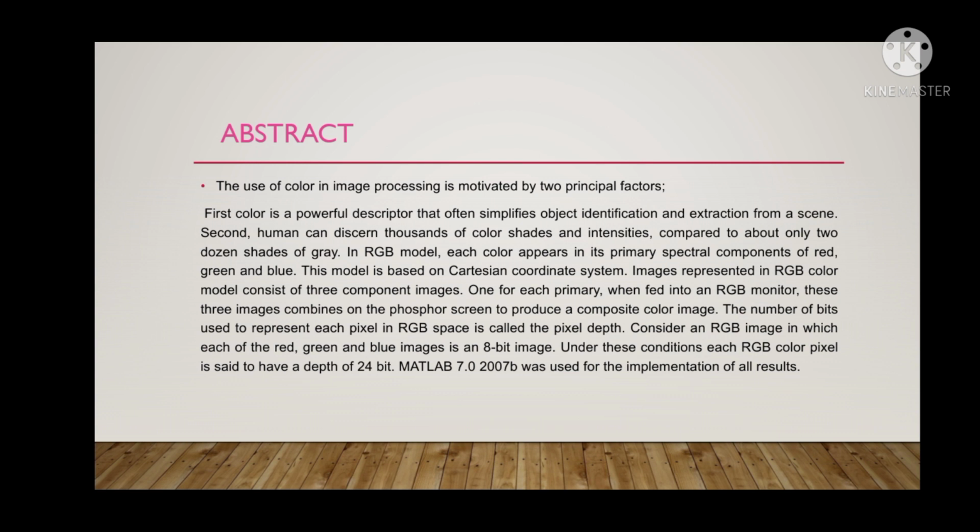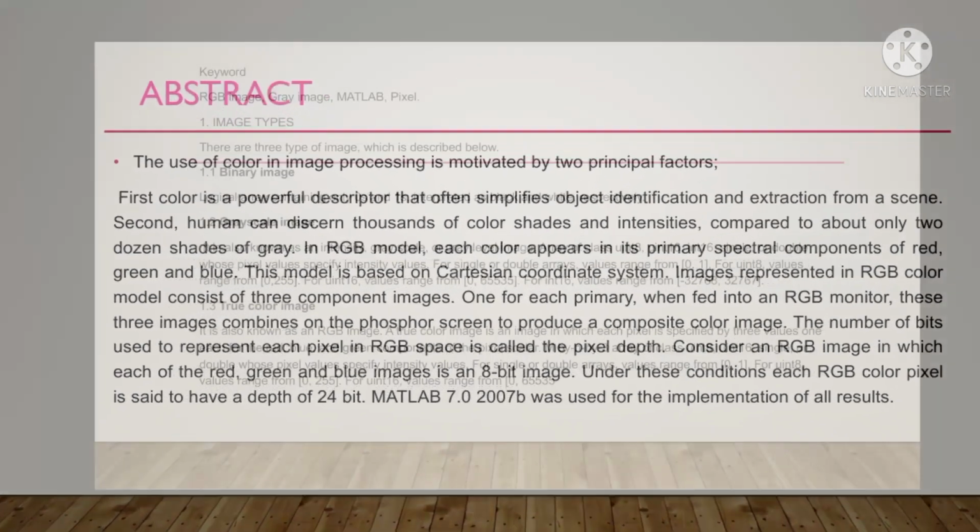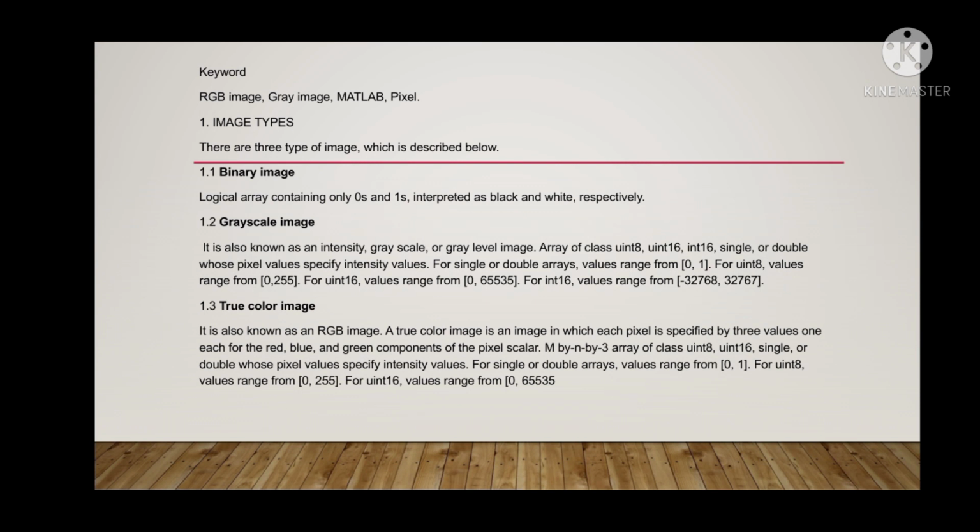Under this condition, each RGB color pixel is said to have a depth of 24 bits. MATLAB 2007b was used for the implementation of all results. Keywords: RGB image, gray image, MATLAB, pixel.